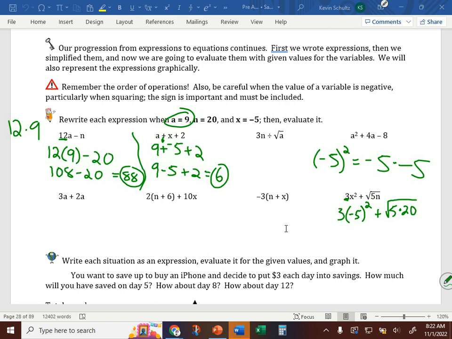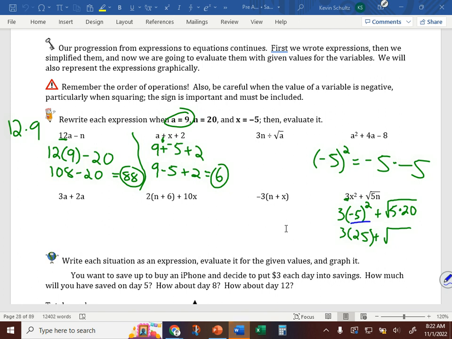Yes, positive 25, right? Positive 25. Okay, probably close my parentheses there. -5 squared, we did that first. -5 times -5 is a positive 25.